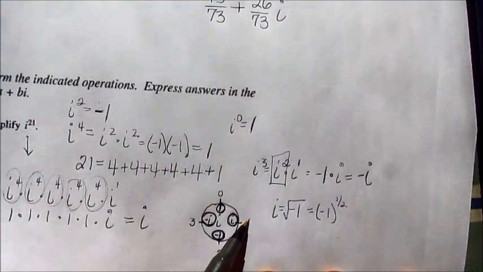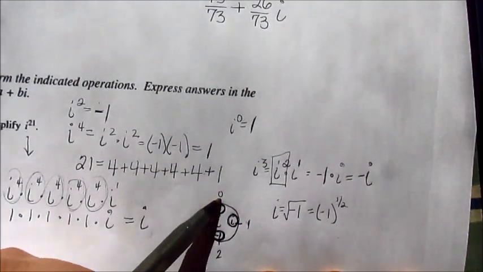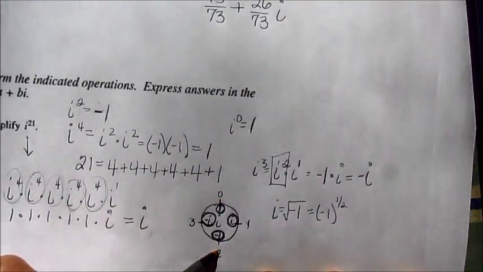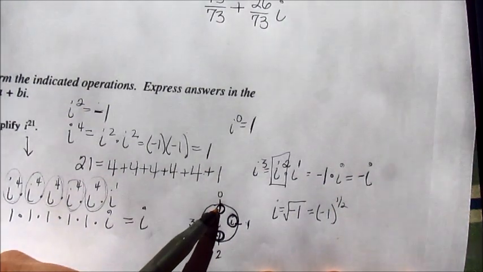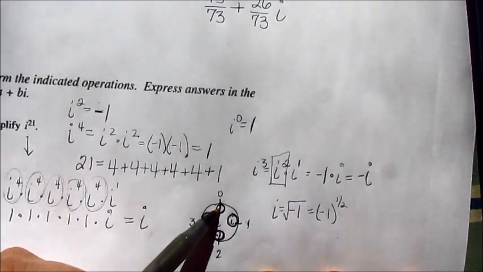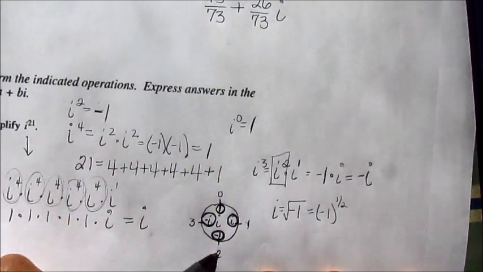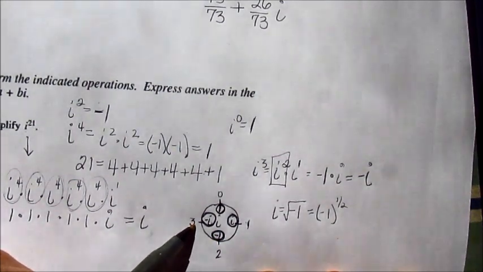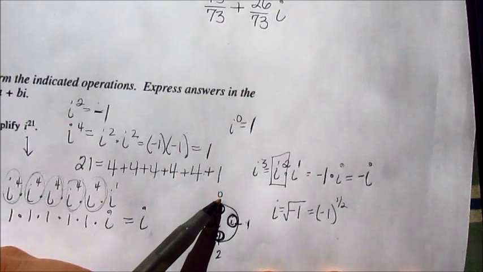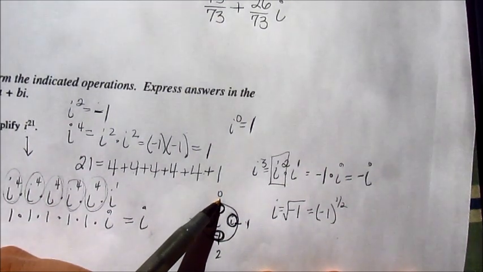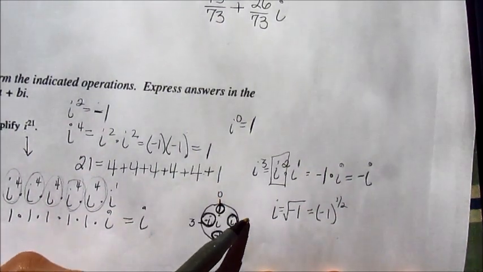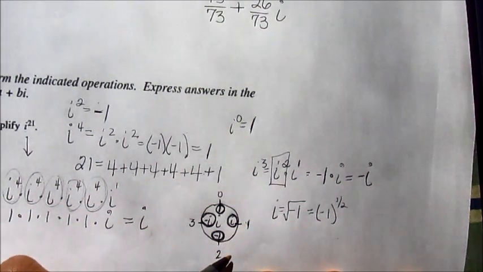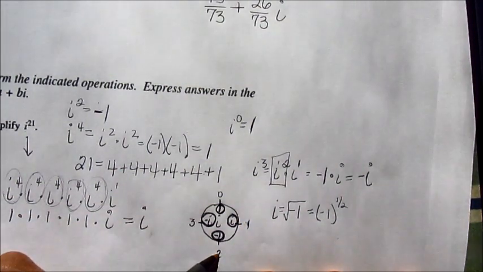This is the half power. This is the first power. Does that make sense? No. Negative 1 to the half power, negative 1 to the first power, negative 1 to the 3/2 power, negative 1 to the 4/2 power, or squared, negative 1 to the 5/2. 6/2 is just 3.